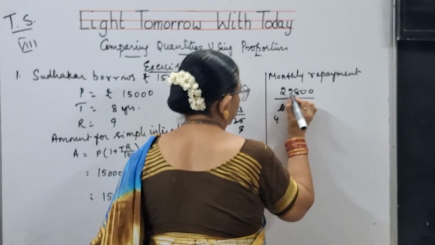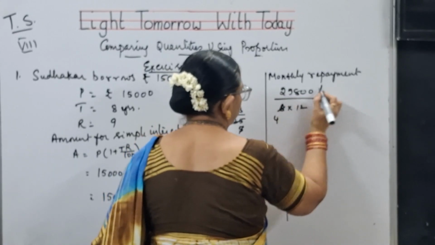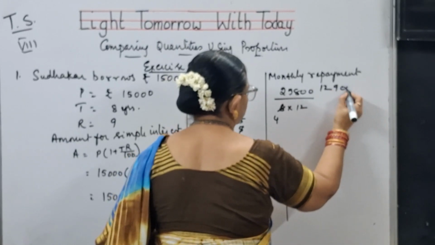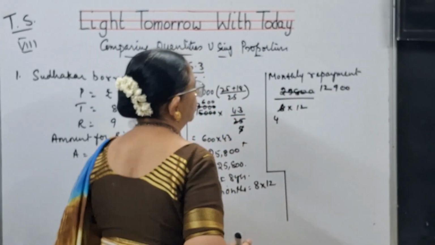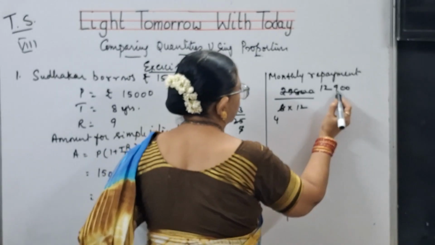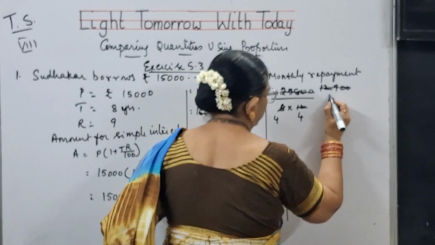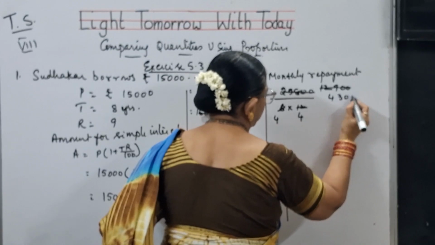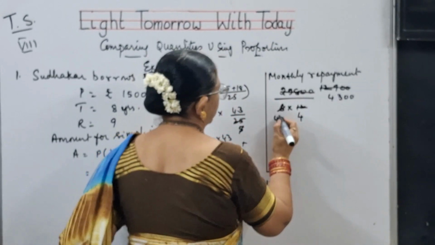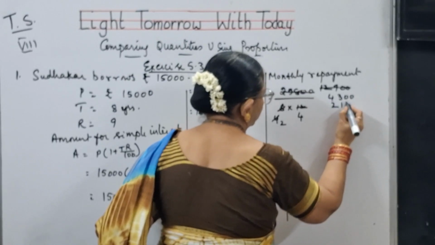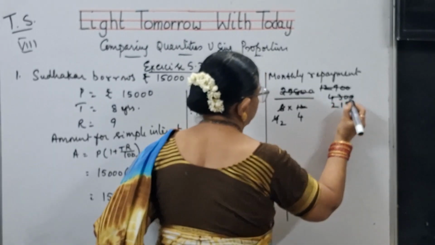2 4s are 8, 2 1s are 2, 2 2s are 4, 2 9s are 18, 0 0 with the 2. Now this is with the 3 table, 3 4s are 12, 3 3s are 9, 0 0. So again 2 2s are 4, 2 1s are 2, 2 5s are 10, 0.